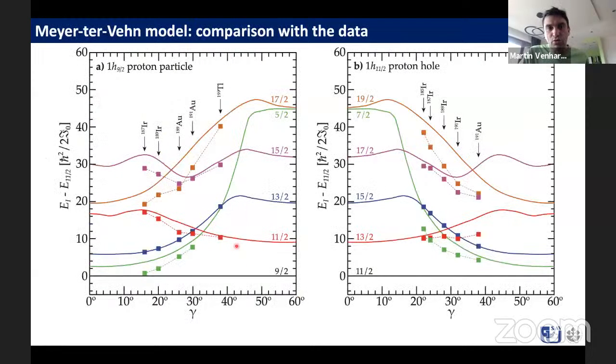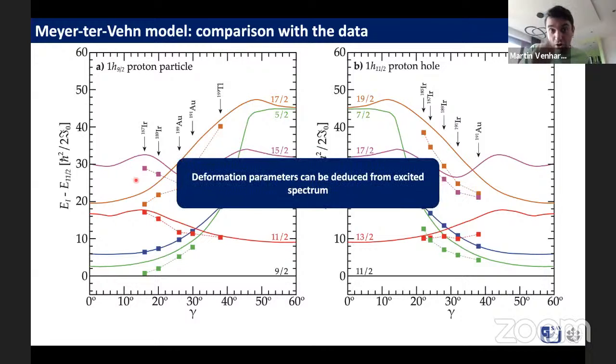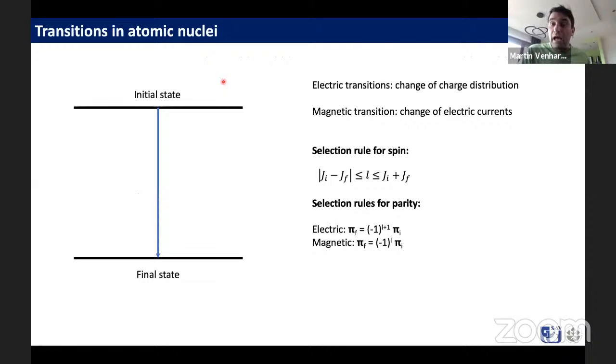So what you can do, if you measure these excited states, this model can tell you where in this triaxial plane you are. What is your gamma and what is your beta? And this is something that we don't have yet, it is just the empirics. So which isotopes have what shape, and this is the way how to probe it. So these deformation parameters we can get from excited spectrum.